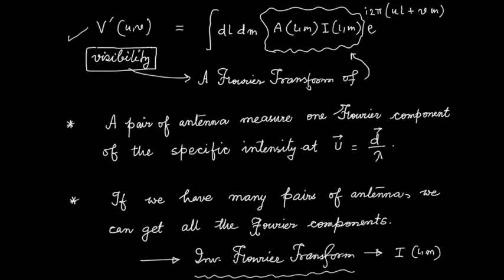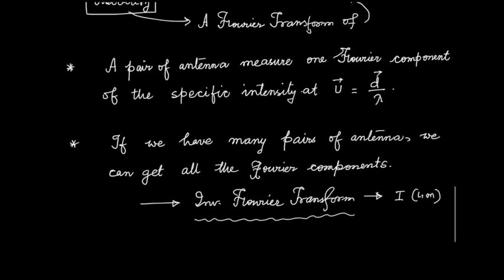If I change the antenna separation, which obviously I will not be able to do by moving the antenna around, though that is what people did in the early days. But if you have many antennas with different antenna separations, you measure different pairs and you can get many Fourier components. And if you get many Fourier components, you will be able to measure the inverse Fourier transform easily.